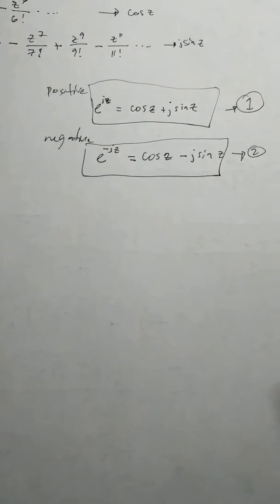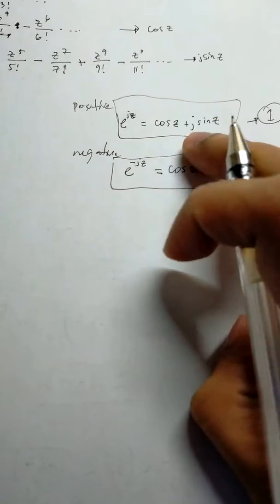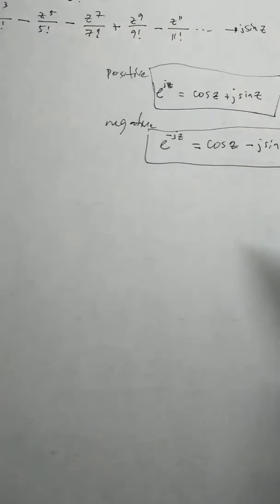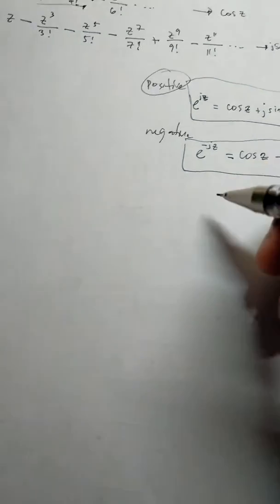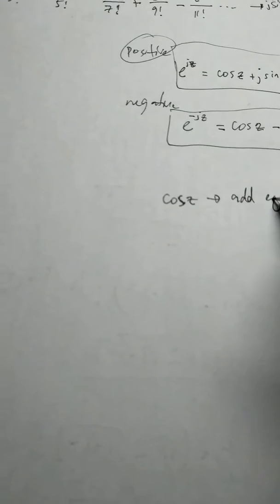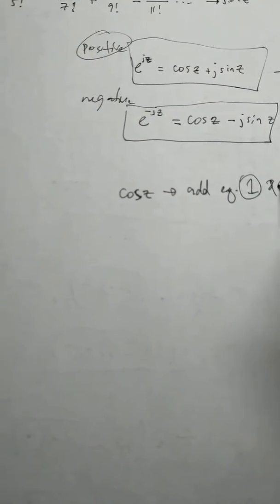So makuha naton ang definition by equating. Okay? So kung kuha naton ang values ng cosine theta, i-plus naton siya. Okay? So we use the positive. So therefore, i-plus naton ang for cosine z, so we will add equation 1 and equation 2.